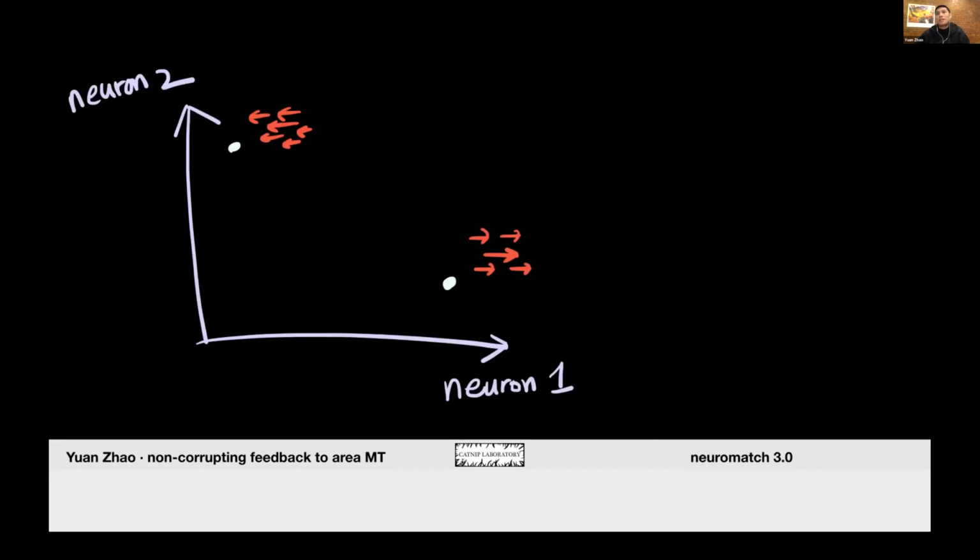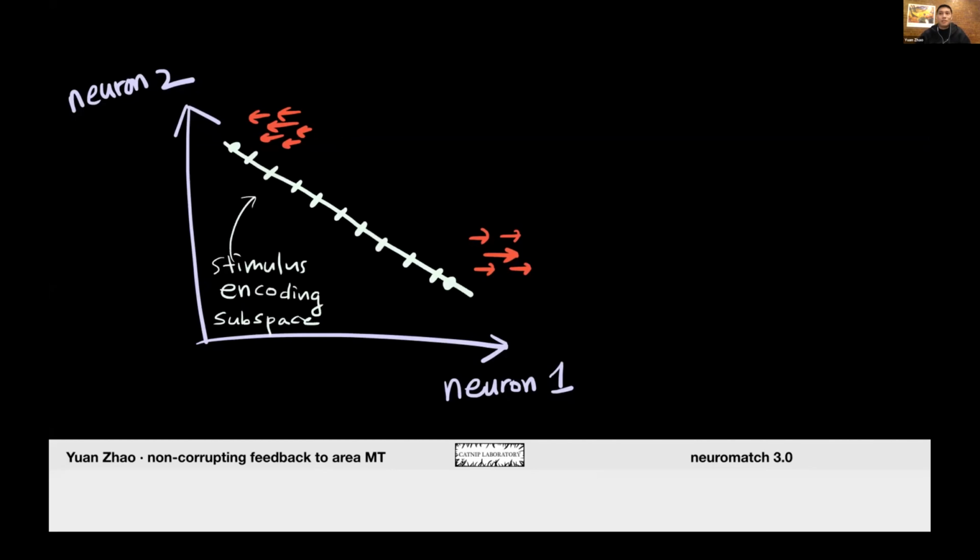So before we get to the results, let me explain some concepts. Imagine a population of 2 neurons. Each dot on the plane represents a pair of firing rates. Suppose the 2 neurons have opposite preferences on the direction of the stimulus. Then we can find a subspace within this space where the 1D stimulus is encoded. Of course, there are variabilities or noise contributing to the activity.